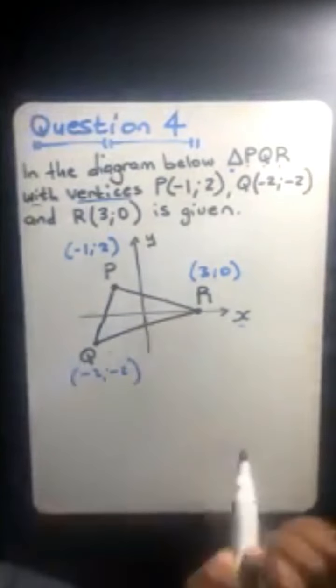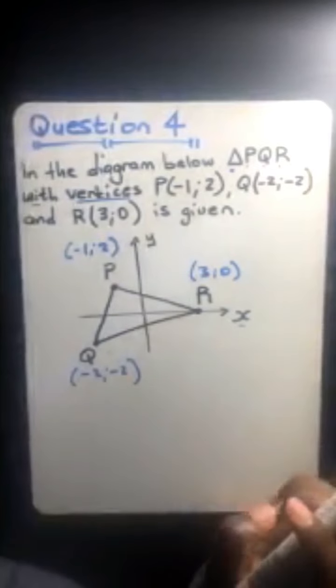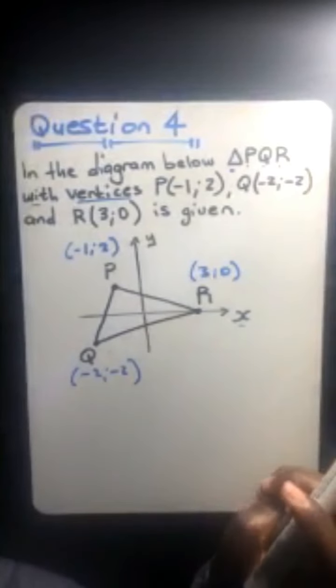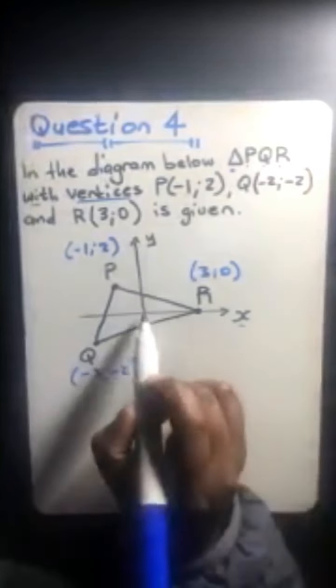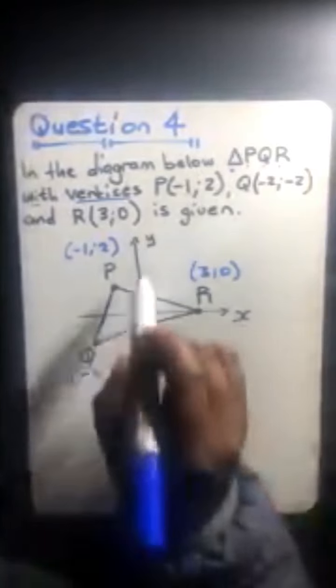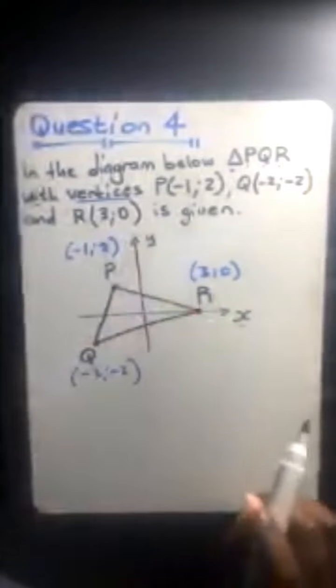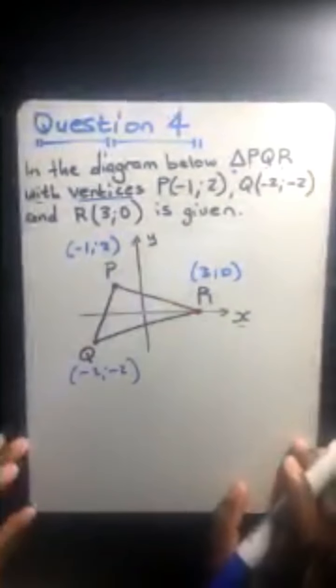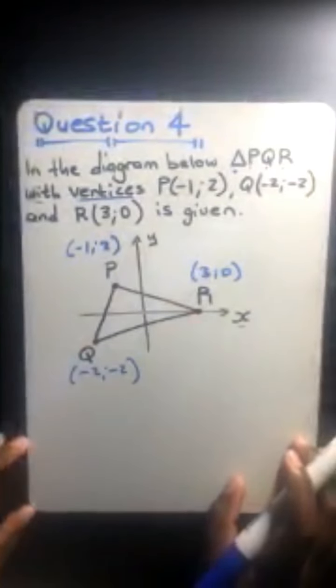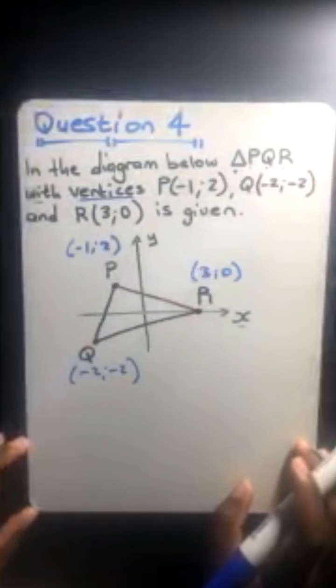So at the origin, we've got the coordinates being 0 for x and 0 for y. Then from the origin in that direction, positive x values, positive y values, negative x values, negative y values. So everything is drawn on a Cartesian plane.